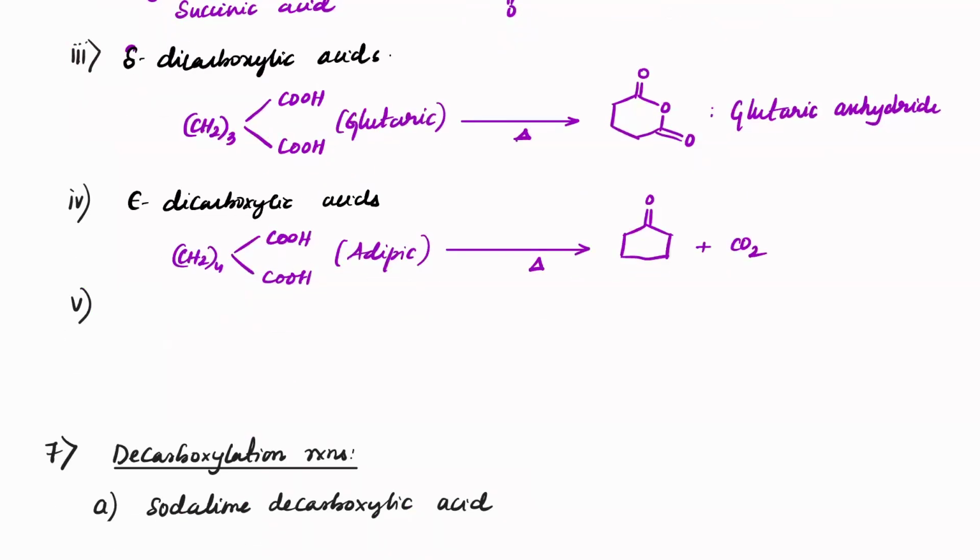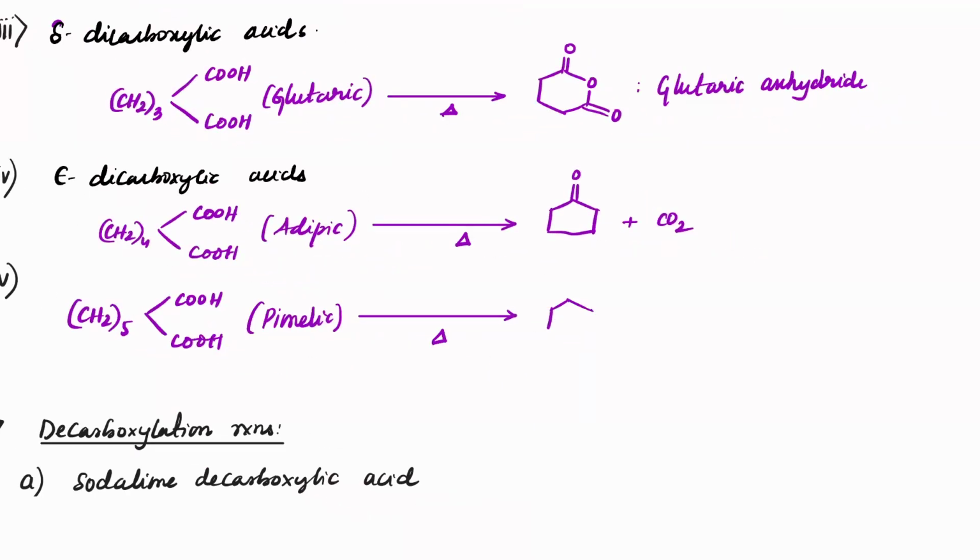And the same way, after epsilon, the next molecule which you will have is CH2 5 times, and then we'll have COOH and COOH, which we call pimelic acid. So if you are heating pimelic acid, then the same logic would be applied. This time you'll get a 6-membered ring and carbon dioxide.